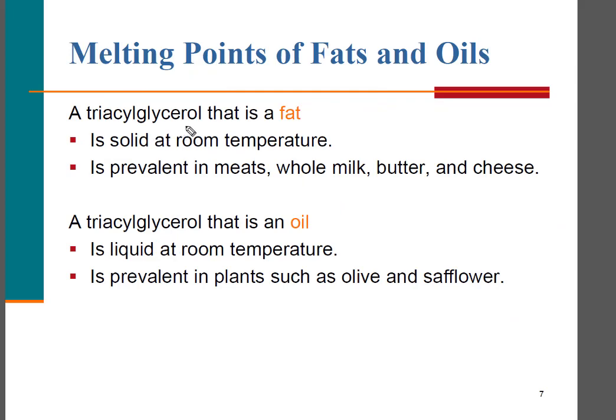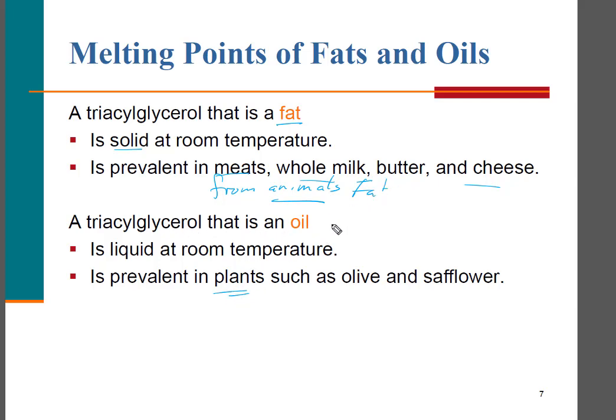Right? Here all they're saying, again, a fat is going to be a solid at room temperature. Fats are solids. But the thing about this is these guys come from animals. Meats, well, milk, butter, and cheese. These come from animals. So we talk about animal fat, whereas oils come from plants.